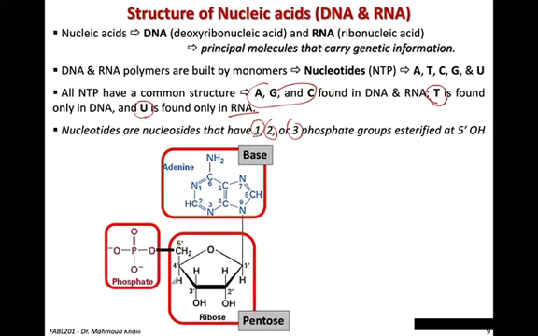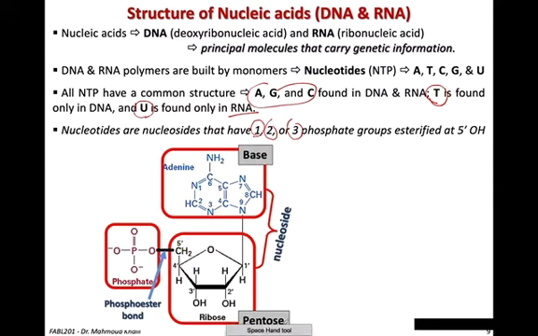Then you have a phosphate group, linked to the sugar through a phosphoester bond. Together, the base and the pentose form a structure called a nucleoside, so the nucleotide is a nucleoside bound to a phosphate group.